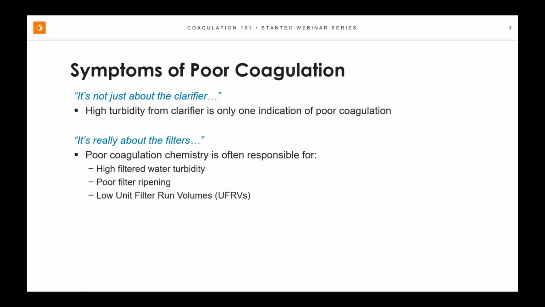So how much water is produced out of your filter in a given filter run. Especially with the 0.3 NTU limits that our regulations have, and our 0.1 NTU targets like the Partnership for Safe Water has, you have to be bang on with the coagulation to meet those. So we're going to talk a lot more about filters than we are about clarifiers today.